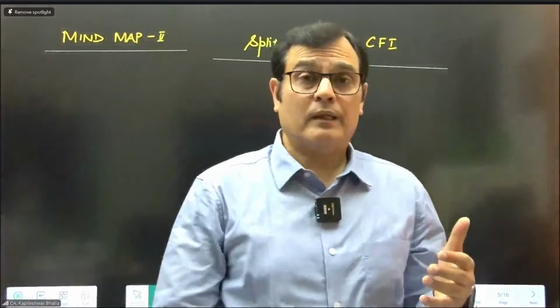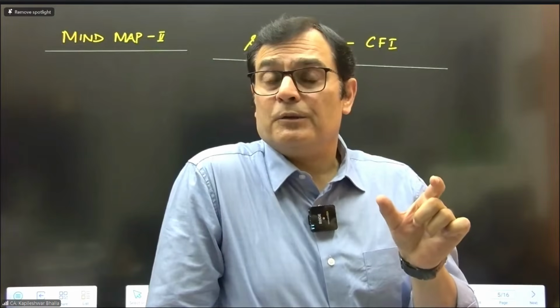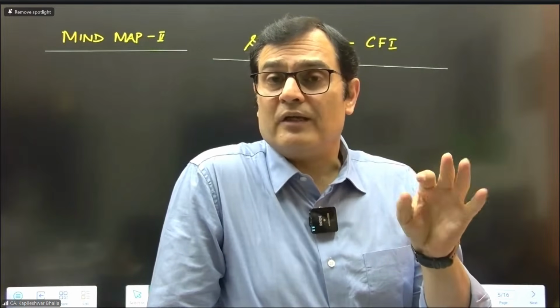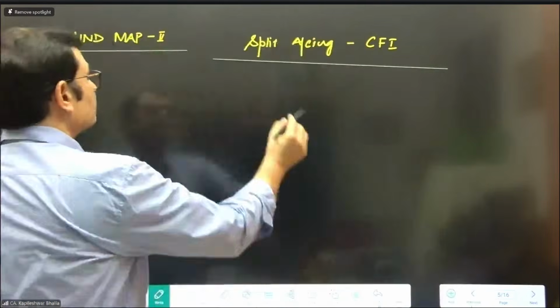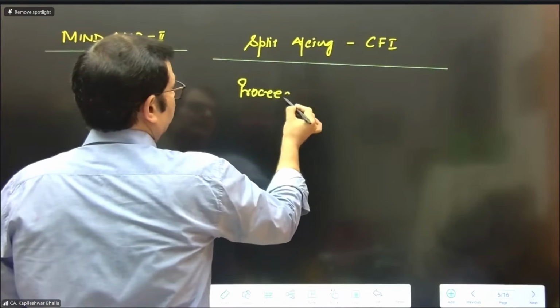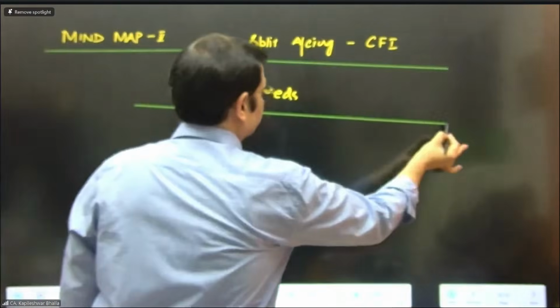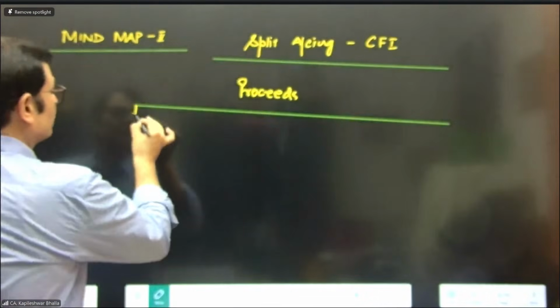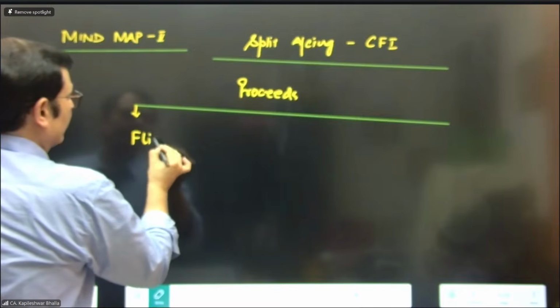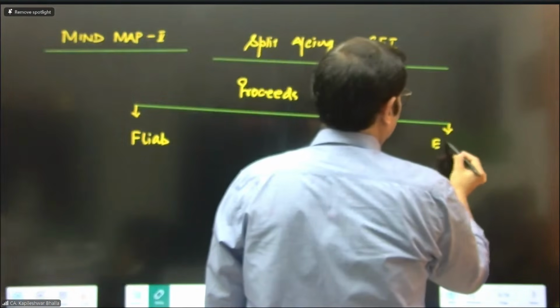Now we know this very well, that in terms of CFI, you need to divide the proceeds between the financial liability as well as equity. So we need to take the proceeds as a base, and the idea is to split the proceeds between the financial liability and the equity component.